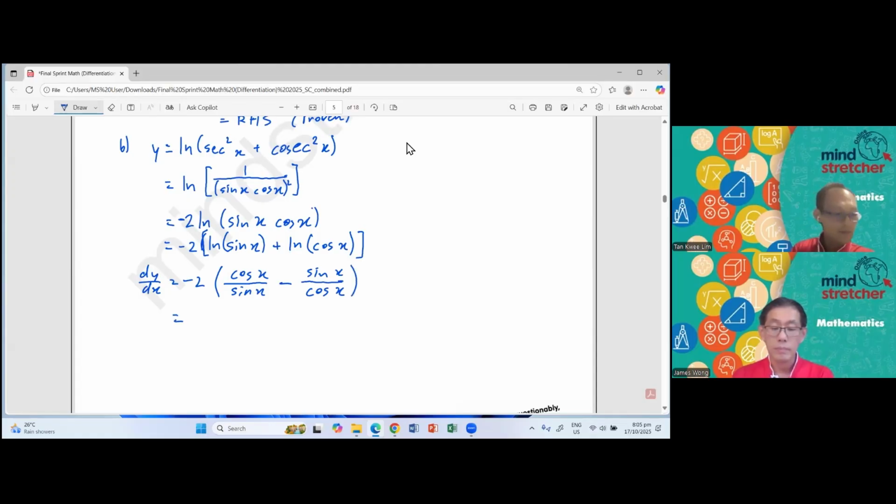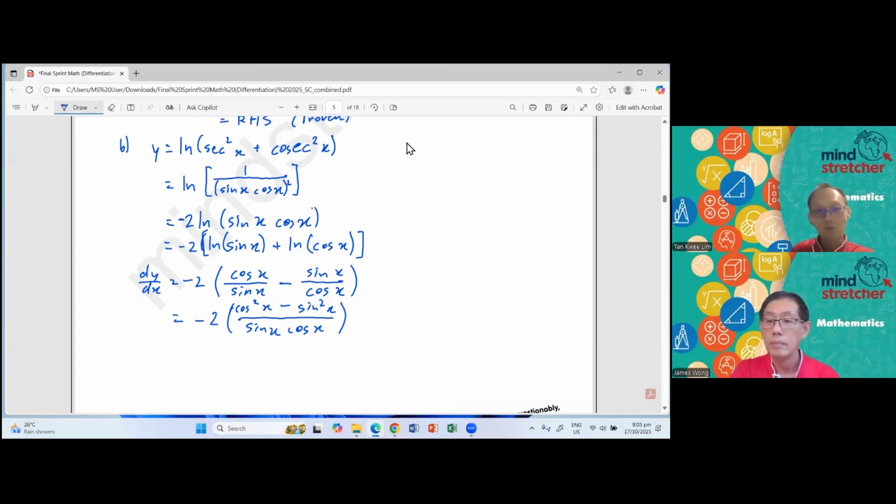Then we can simplify by bringing the fractions together. This will be sine x cosine x for the denominator, while the numerator will be cosine square x minus sine square x.